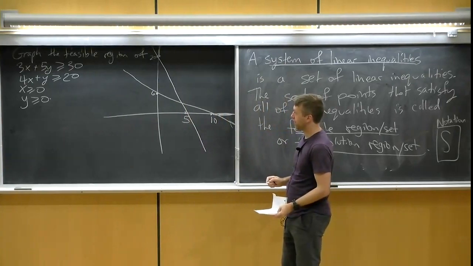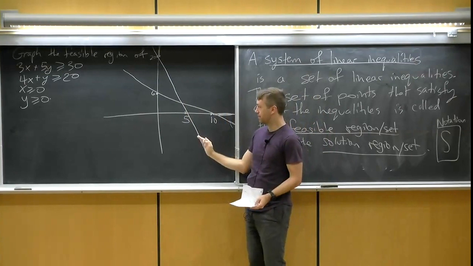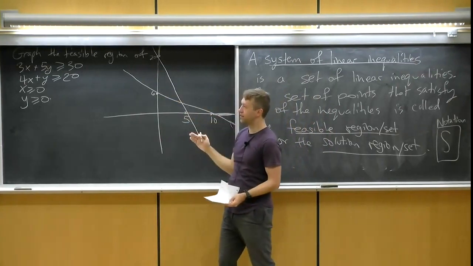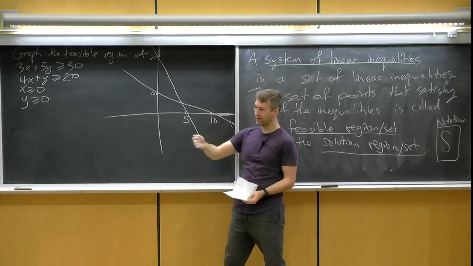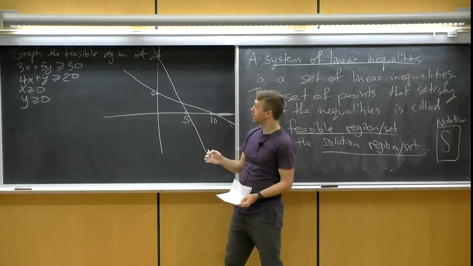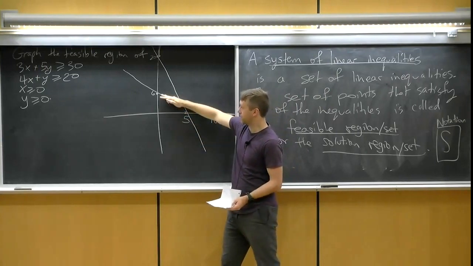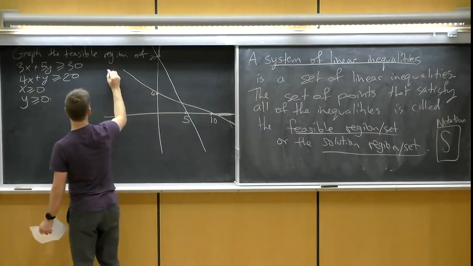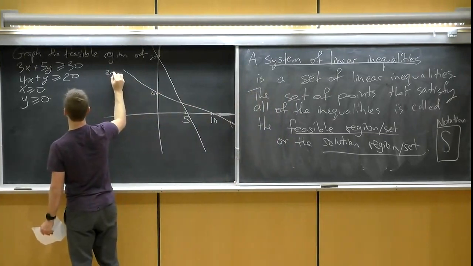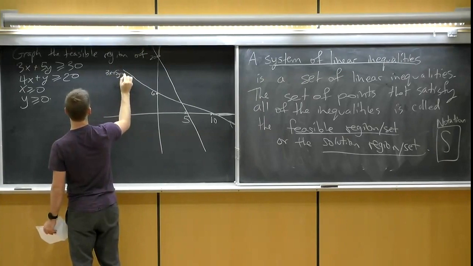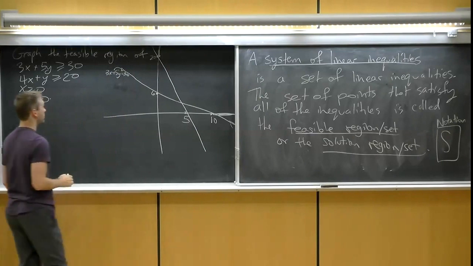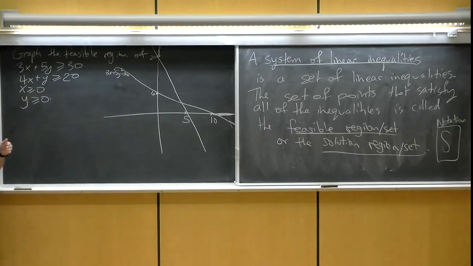Okay. And now for each of these lines, we need to determine which side to shade. For the first line, the solutions to 3x plus 5y equals 30, that's this line here. So should I be shading above the line or below the line?